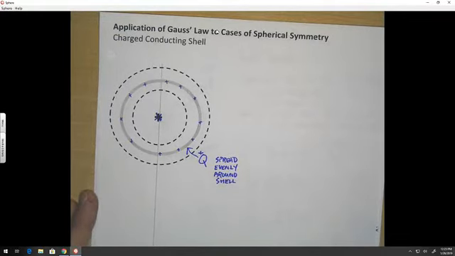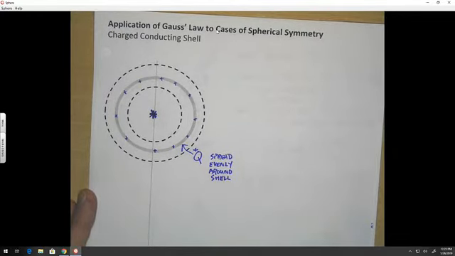So this would be like if you had a hollow metal ball and then you gave it some charge by touching it with another charged object, right? You give it some charge. All right. And this is a pretty neat example, okay?